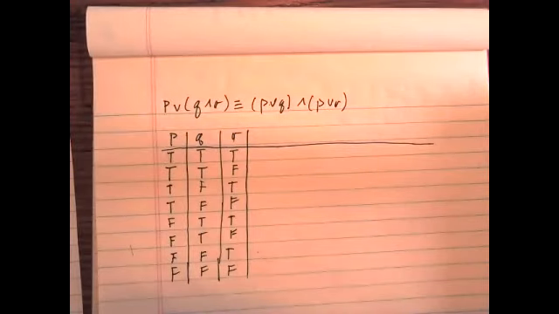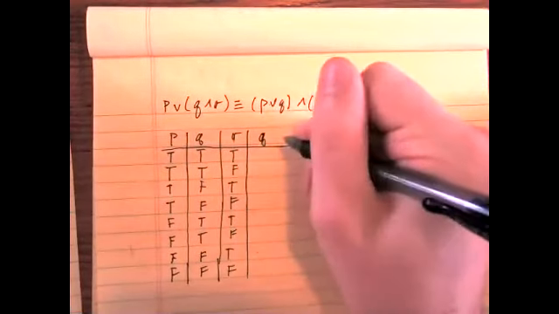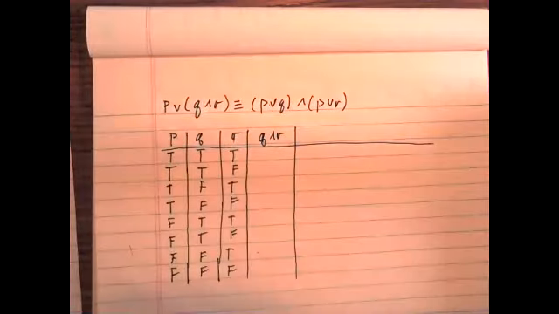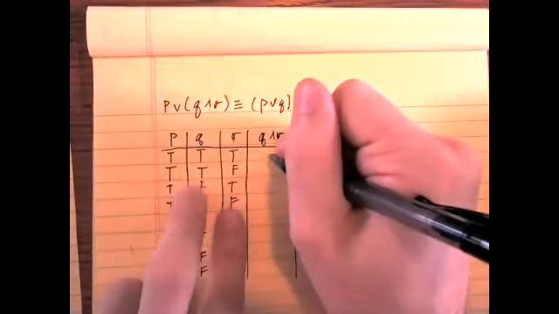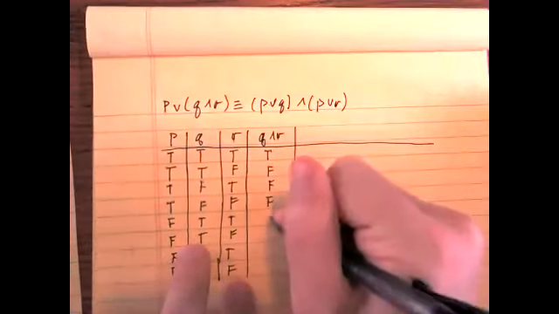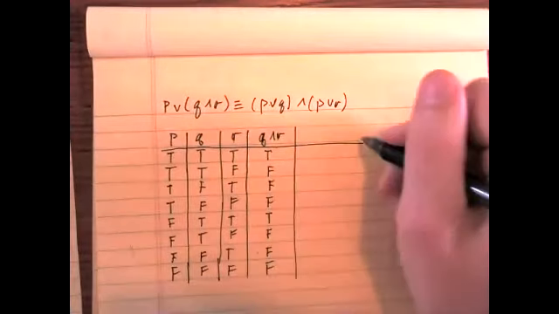Okay, so now let me do Q and R. This is going to have, just checking here, true, false, false, false, true, false, false, false.